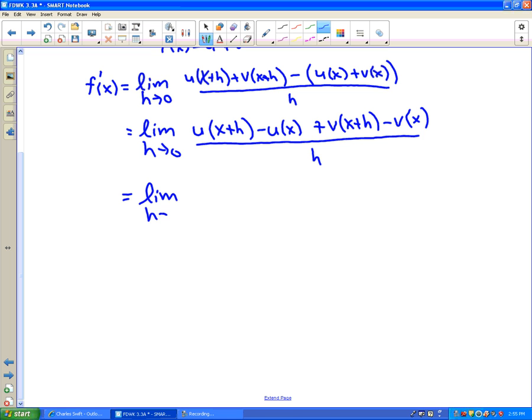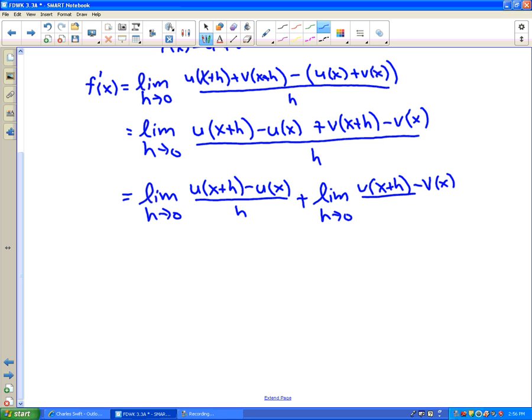The limit as h approaches 0 of u of x plus h minus u of x over h plus the limit as h approaches 0 of v of x plus h minus v of x over h.